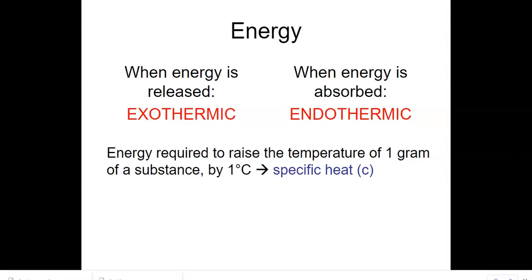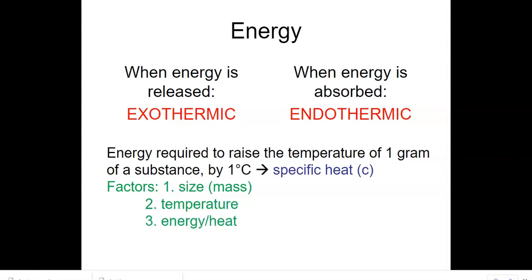And we're going to take a look at that more in our math of heat section or in lessons 4 and 5. Some things that play a factor: your size, your temperature, the energy or heat that's already there. Those are going to play factors into what type of heat we're also going to feel. If you already have heat in it, it'll probably be released.